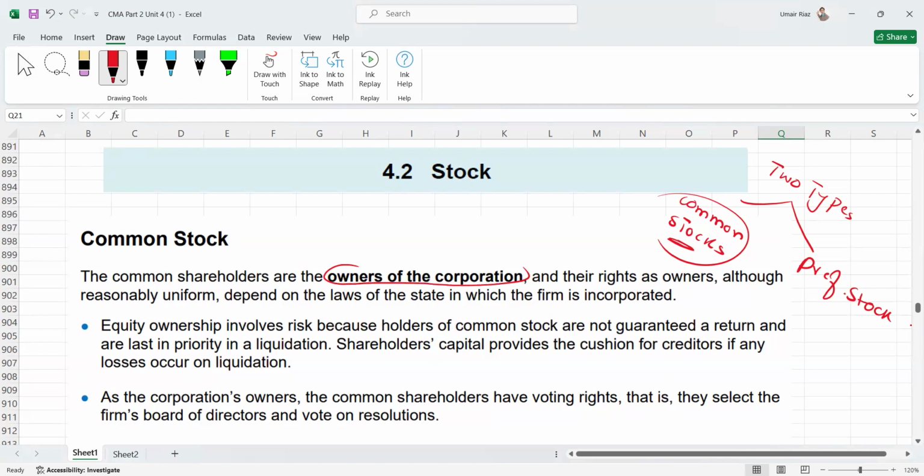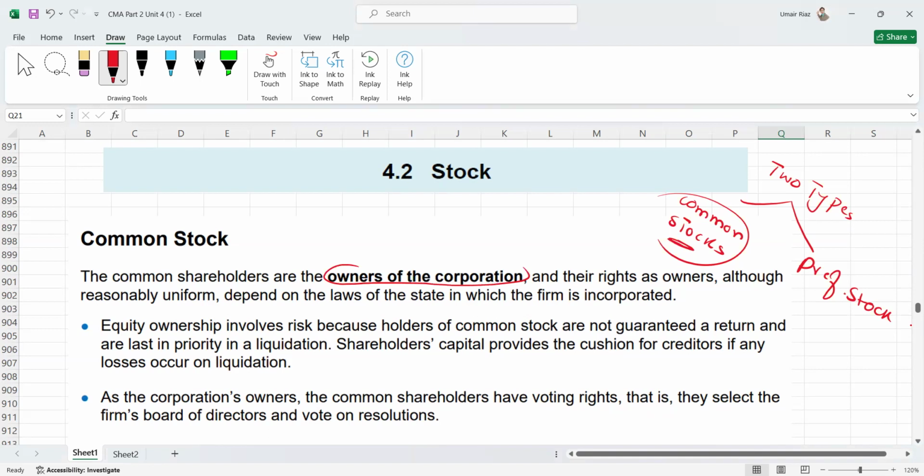They can also cast their vote on different resolutions, for example in case of merger, acquisition, or in setting the salaries of the board of directors.